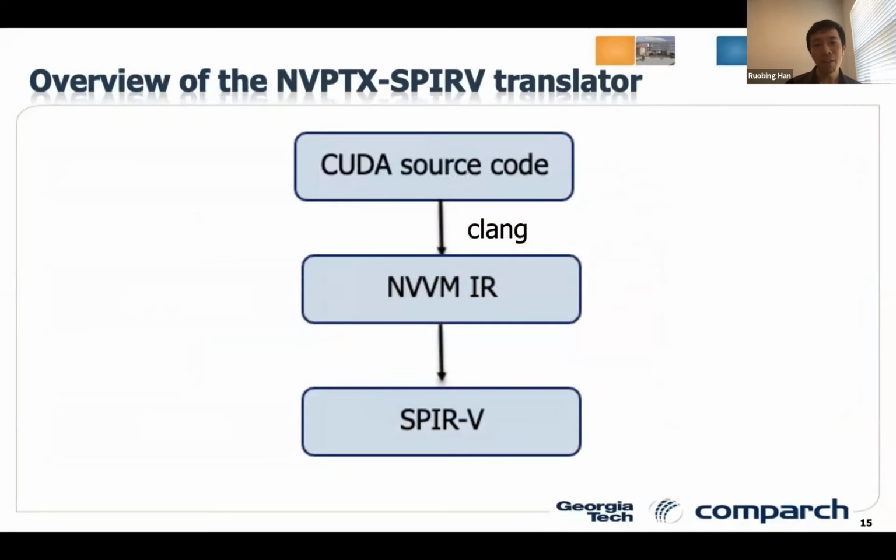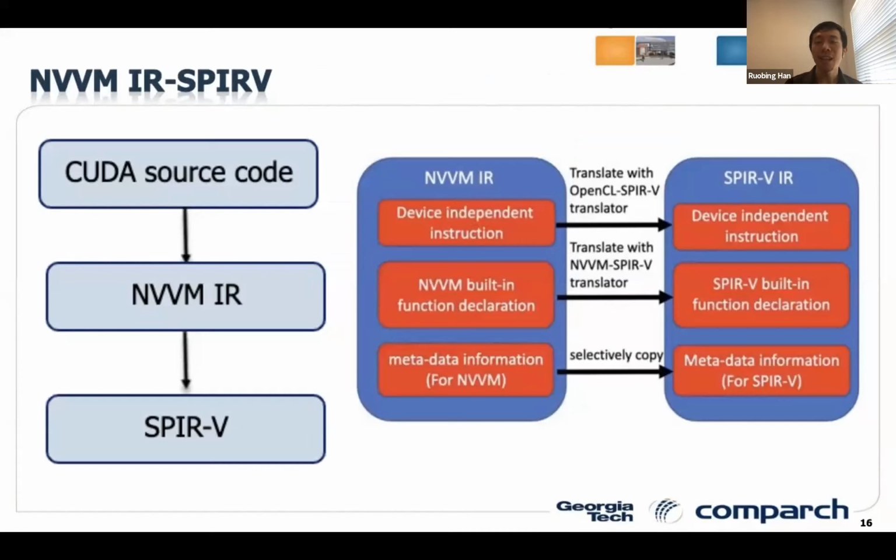Both NVVM IR and SPIR-V IR consist of three parts. First, the device-independent instructions, such as load instructions, store instructions, or some really basic mathematical instructions like add and sub. Those instructions are exactly the same among all backend devices.